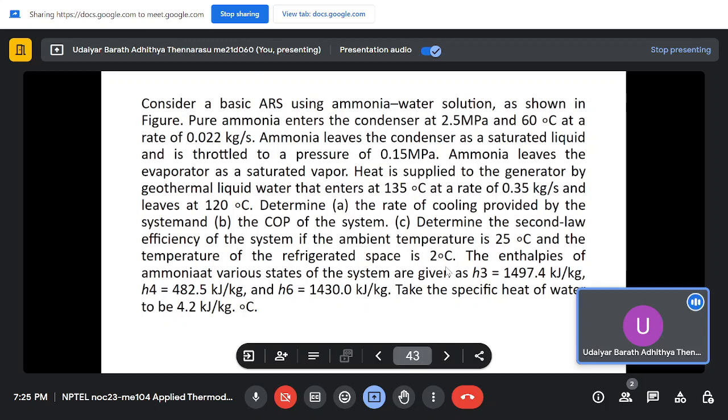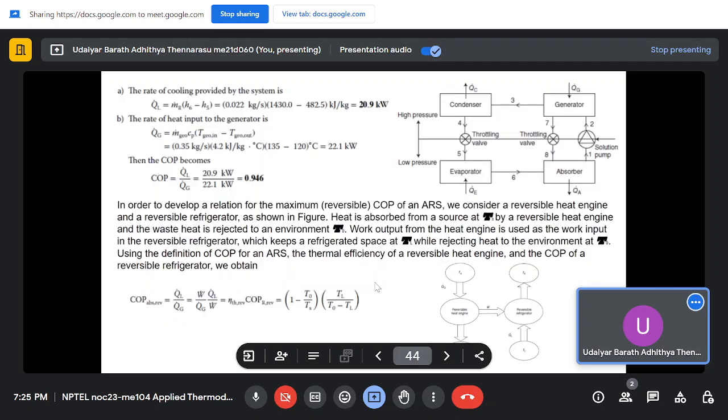The enthalpies of ammonia at various states of the system are given. Take the specific heat of water to be 4.2 kilojoule per kg per degree Celsius. So this is how the vapor absorption system looks.